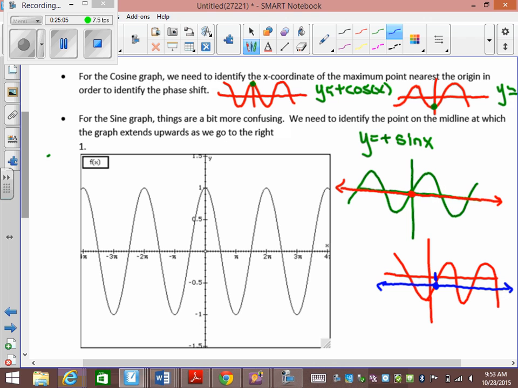So I go up here and I find out, okay, it moved whatever this value is here to the right. That's all it did.